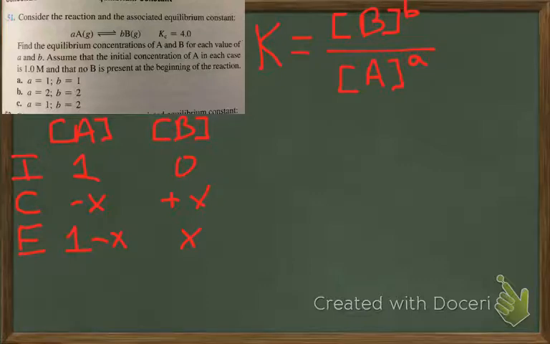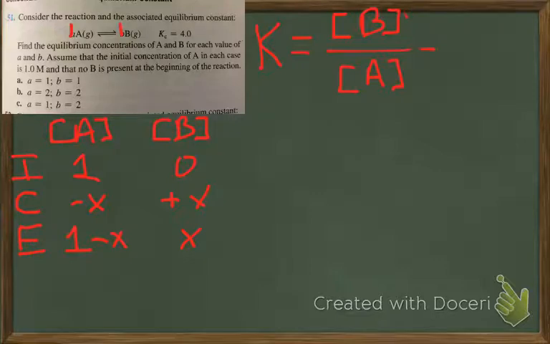Now, we're looking at part A right here. So, for part A, it says that my coefficient is 1 and 1. All right? Which means that for this, I'm just looking at B over A.